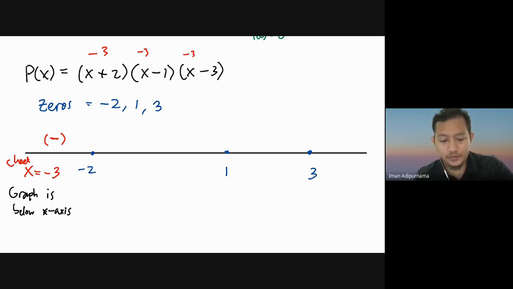Okay, and you have -2, 1. Maybe you can check 0 or check -1 if you like. You get positive, negative, negative, negative. It's positive. So the graph is above.